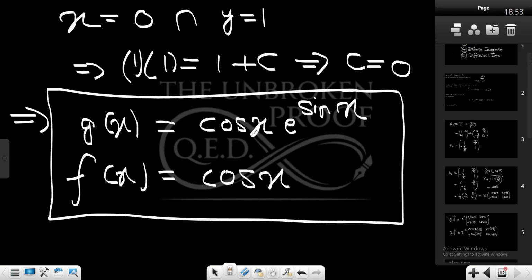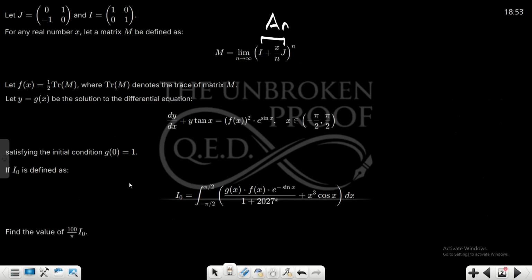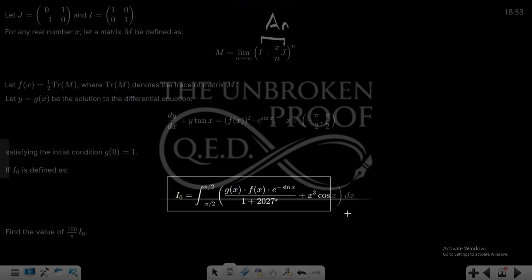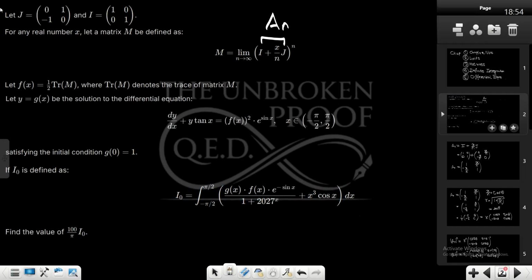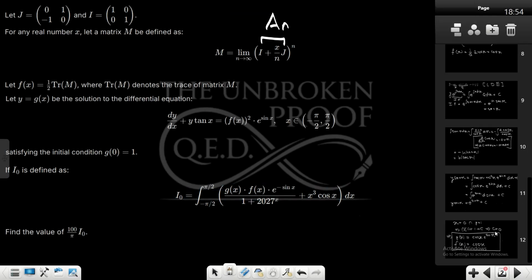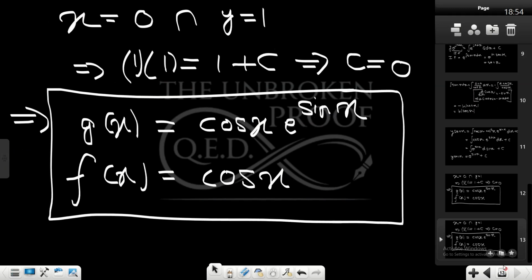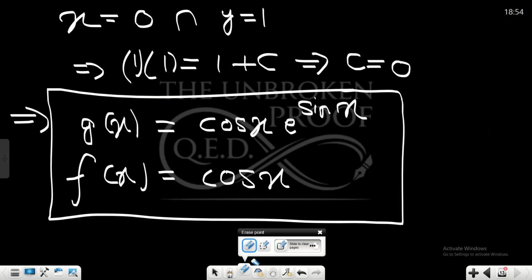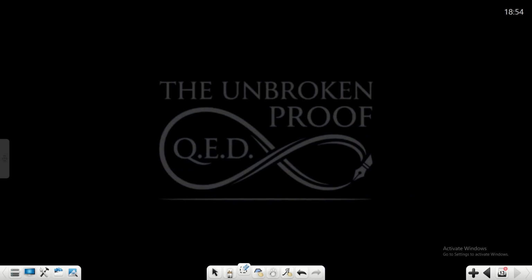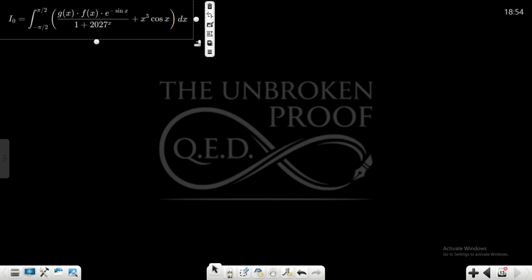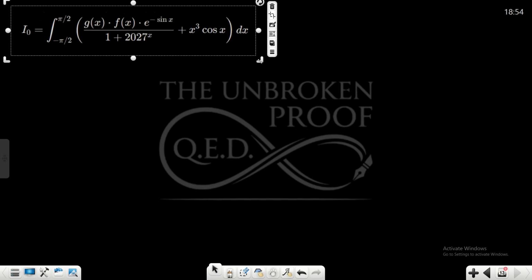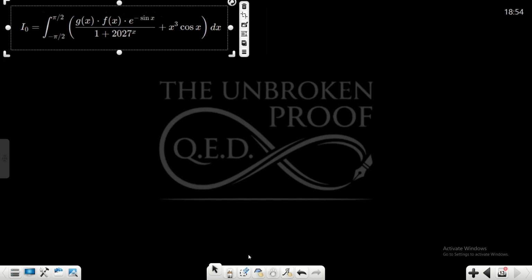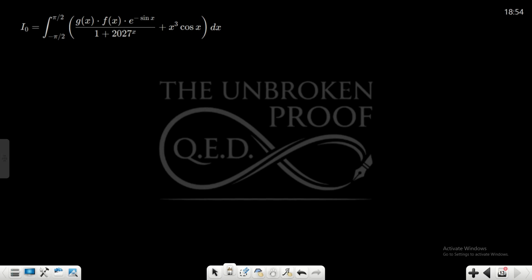Now let me copy paste the I naught as well. So this is your I naught, and we know that g of x is cos x e power sin x and f of x is cos x.